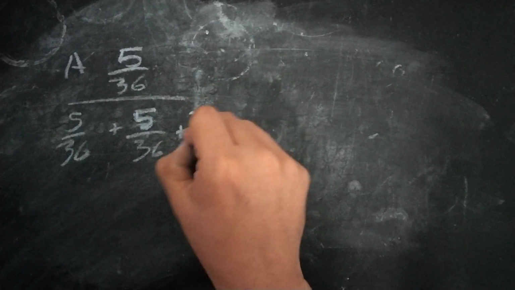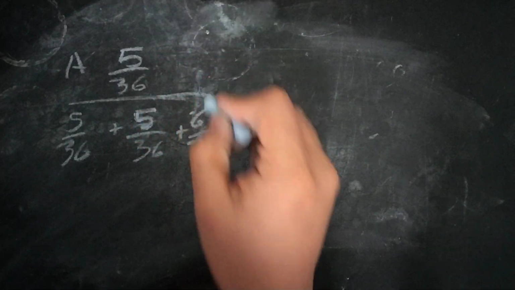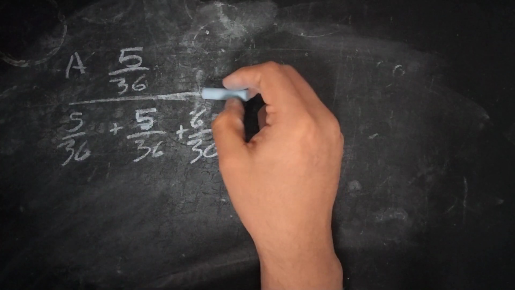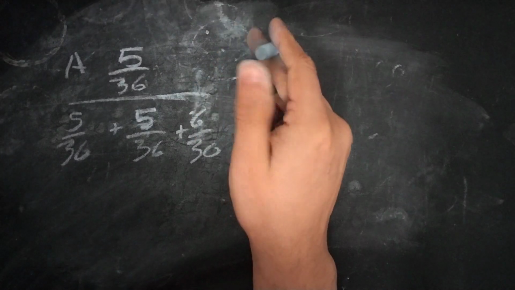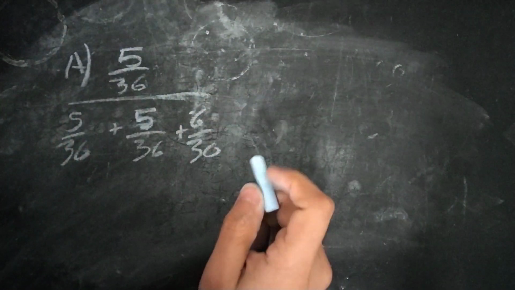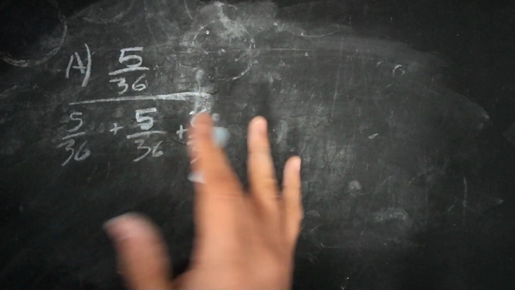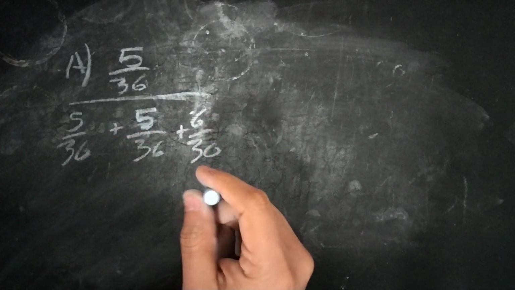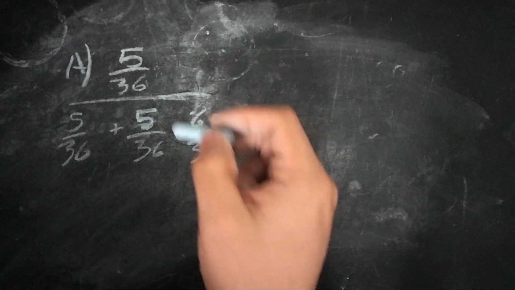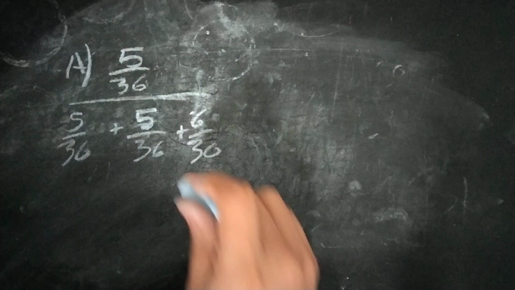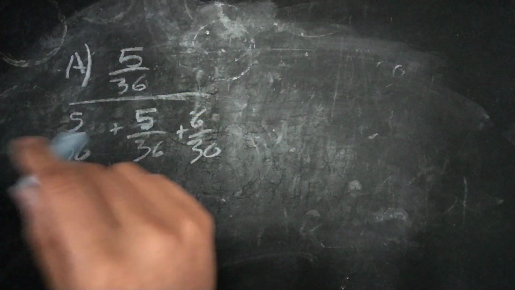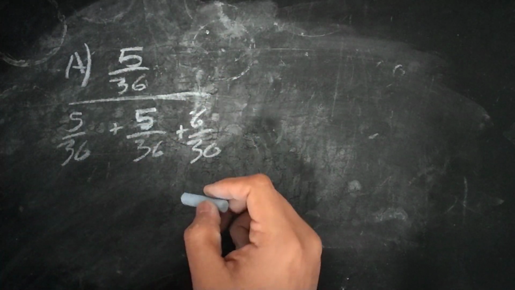For the 7, it's 6 over 36. This is similar to the first part, where since we only care about the specified rolls, the rest of the rolls don't really matter at all. So this is the probability of getting a 6 before either a 7 or an 8.